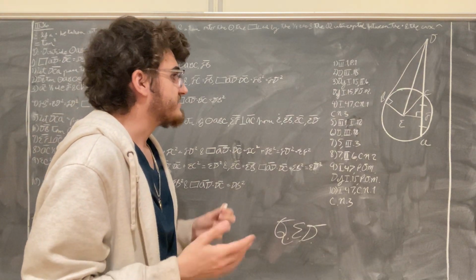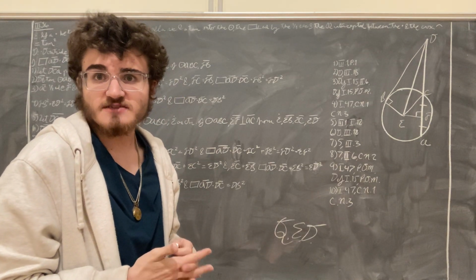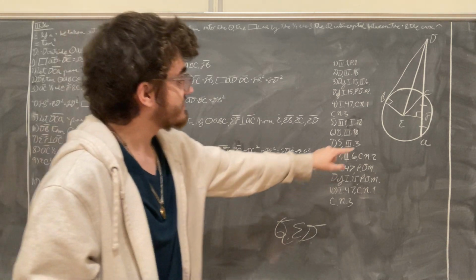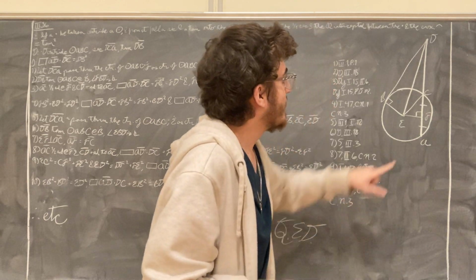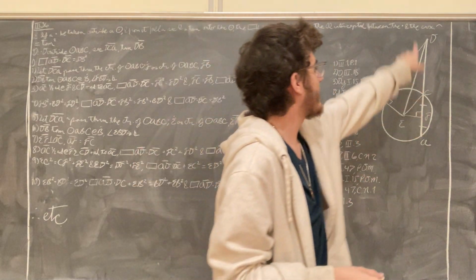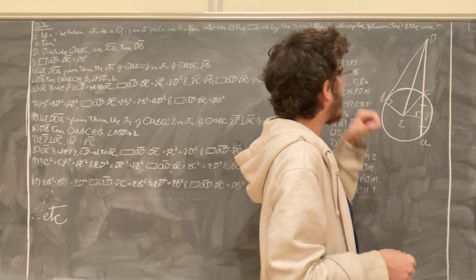Now we'll add the square on FE to both sides. We can easily do this by common notion 2. And so we can say that the rectangle AD times DC plus the square on FC plus the square on FE will equal the square on FD plus the square on EF.